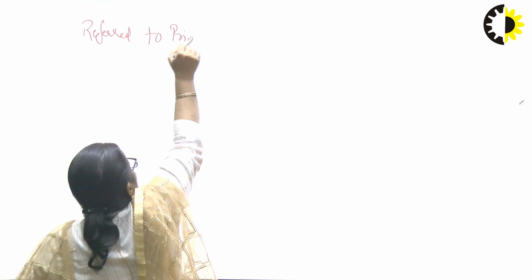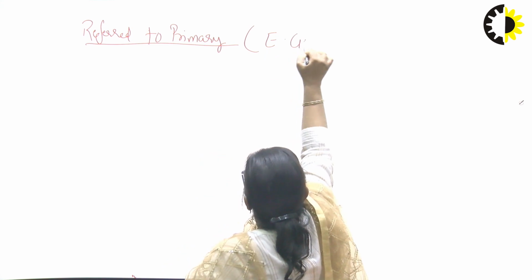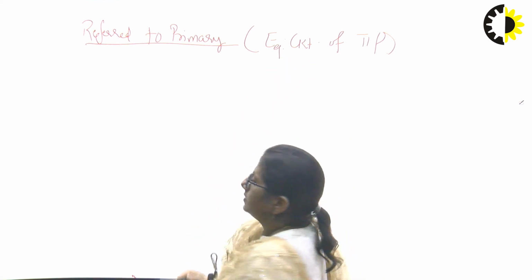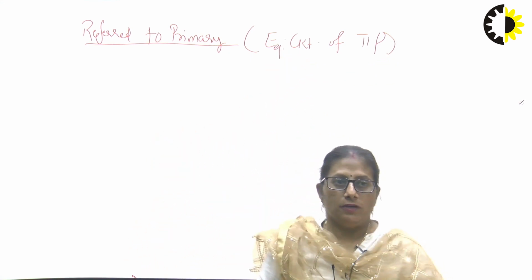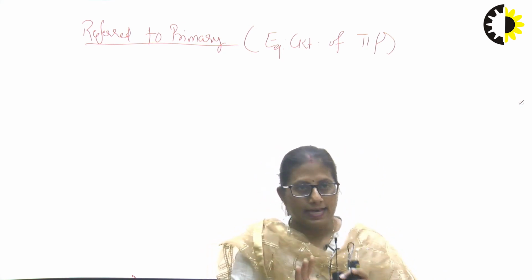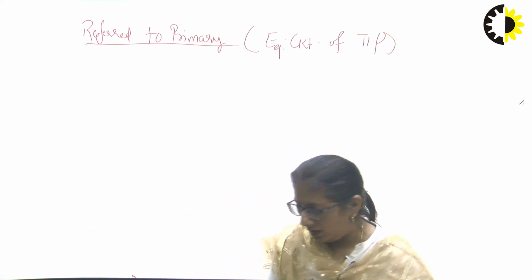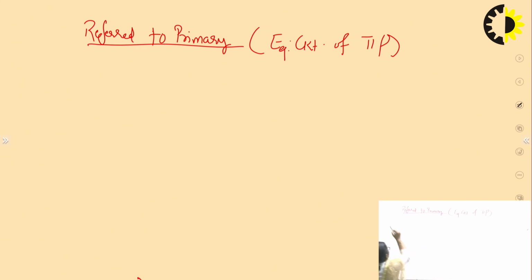That gives us the second equivalent circuit of the transformer, which we call the equivalent circuit of the transformer referred to primary. So the primary is as it is, and the complete secondary circuit is being referred towards the primary.